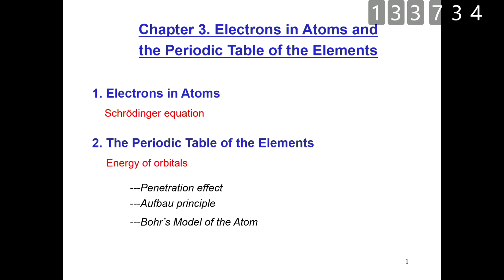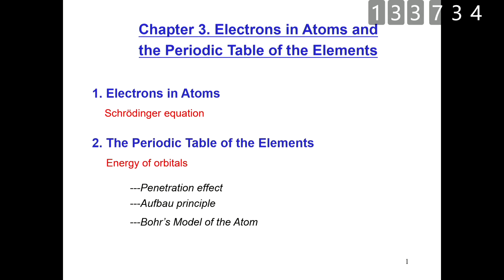We will introduce the Schrödinger equation. Of course, this equation is very complex, but here we just introduce it very simply. And we also introduce the periodic table of the elements.